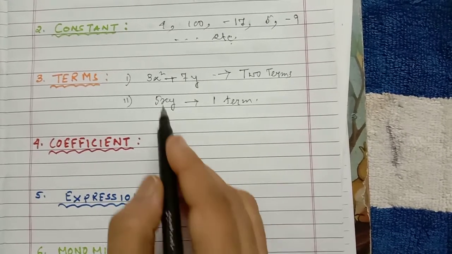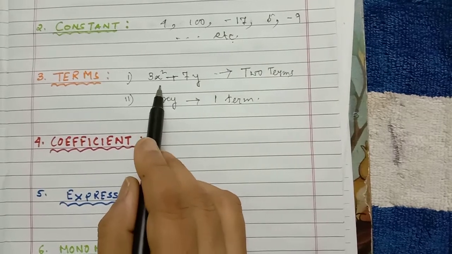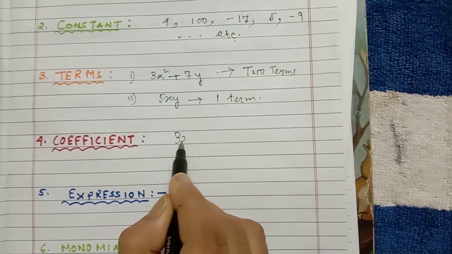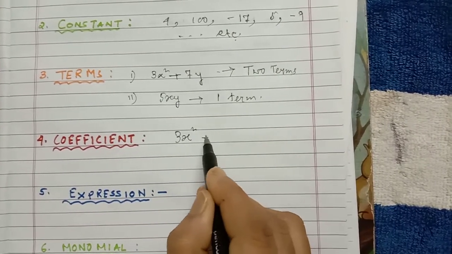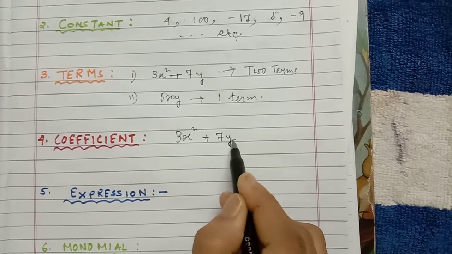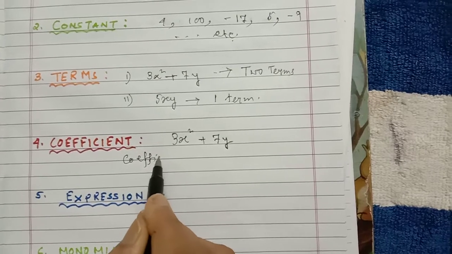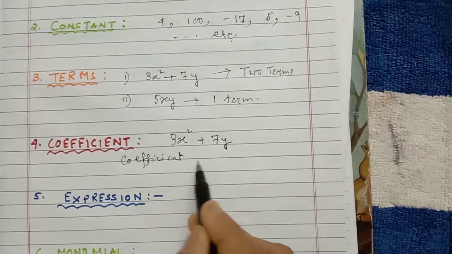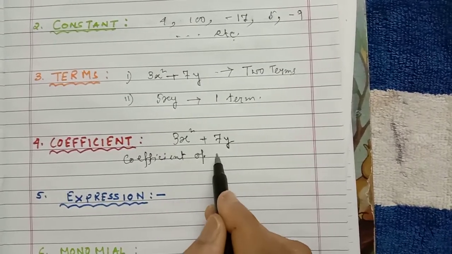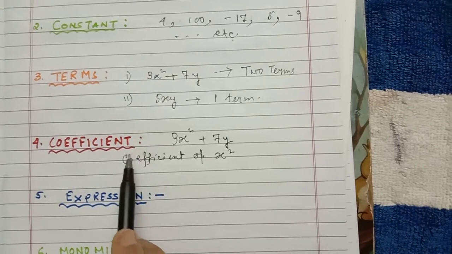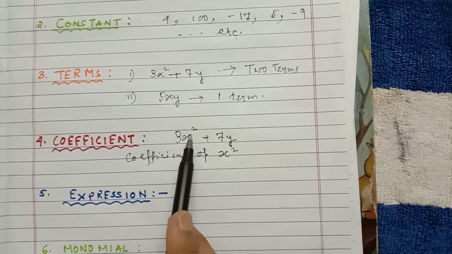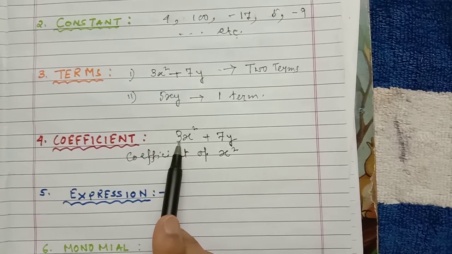Take the example of this expression, 3x square plus 7y. Here, what is the coefficient of x square? With x square, which number is there?